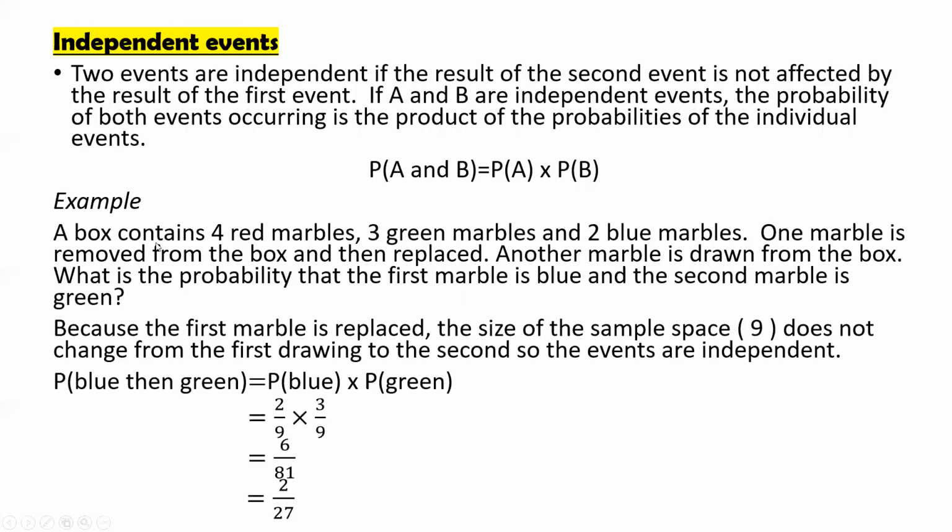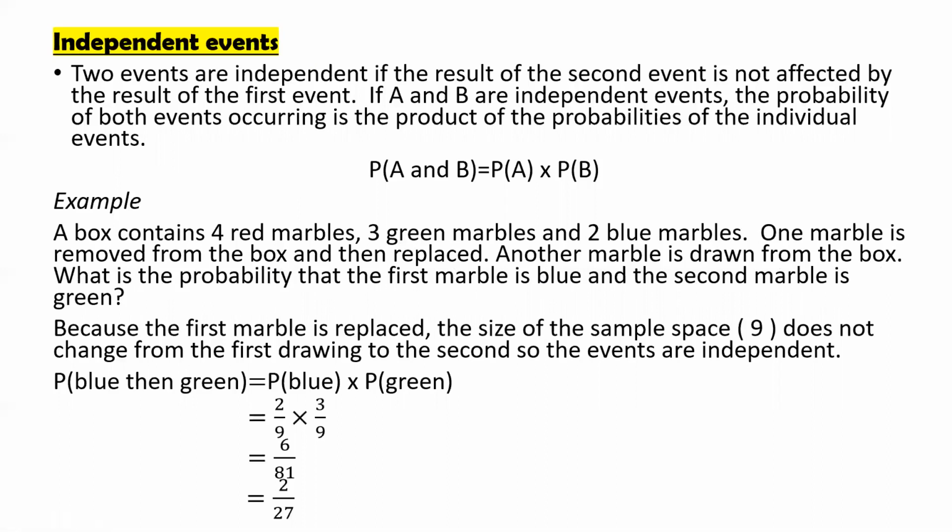For example, this one. A box contains 4 red marbles, 3 green, 2 blue. So one marble is picked up from the box and then replaced back. After you pick up, you see the color, then you put it back. Then another one is drawn from the same box. That means you need to draw 2 times. When you need to draw 2 times, the probability of the first marble has nothing to do with the second one.